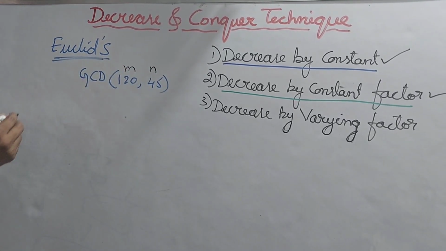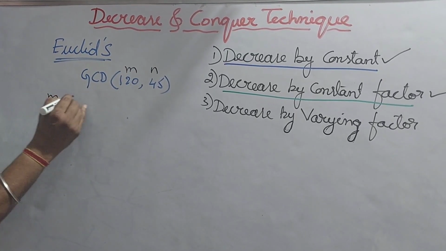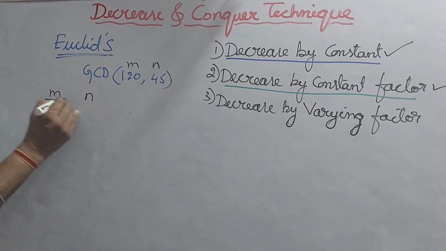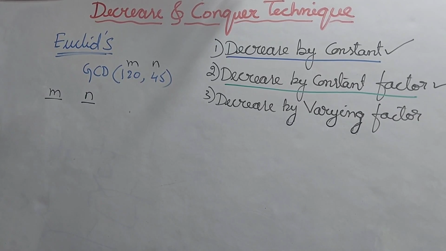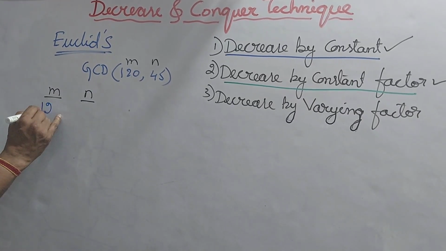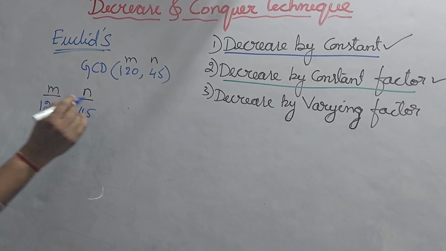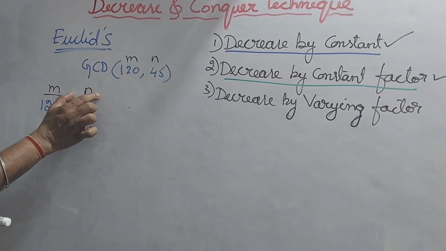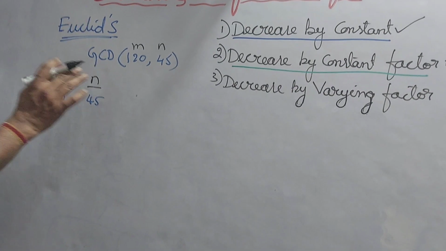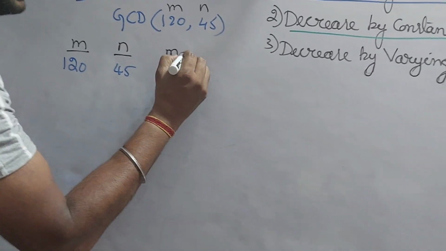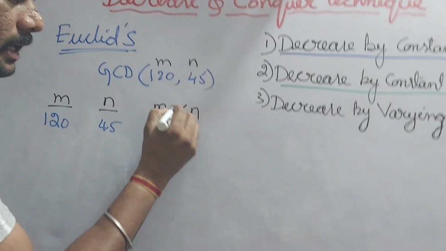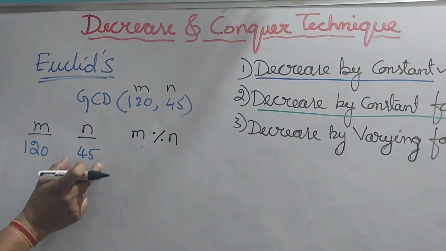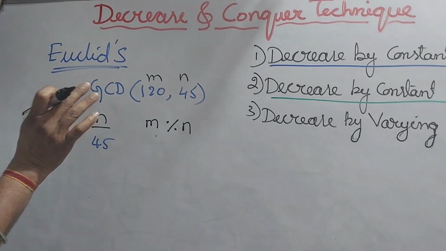Here in Euclid's algorithm, with the given m and the given n, m value is 120 and n value is 45. Now I will check if the n value is 0. If n value is not 0, I divide m by n and take the remainder. If n value is 0, we stop dividing.